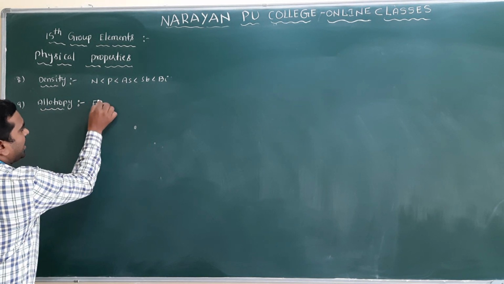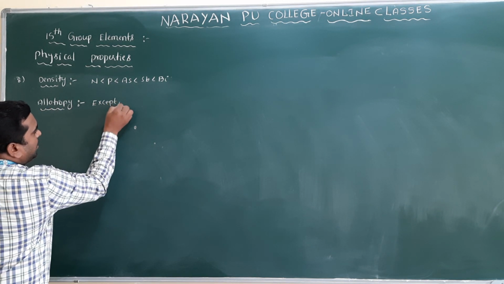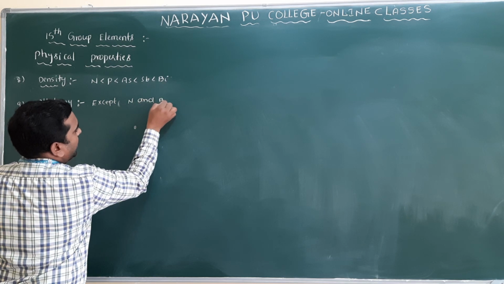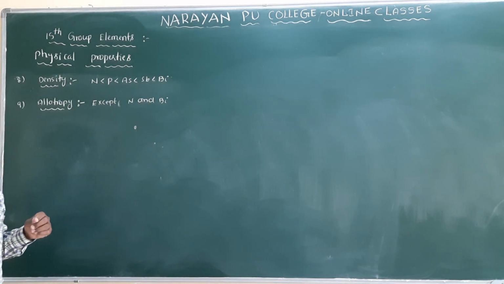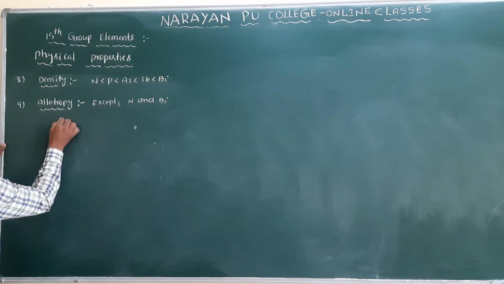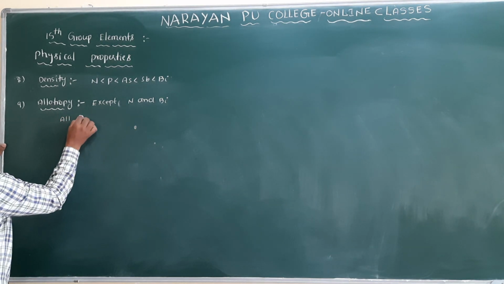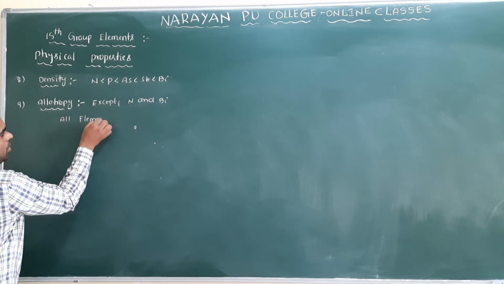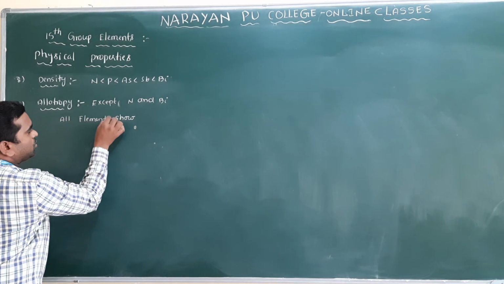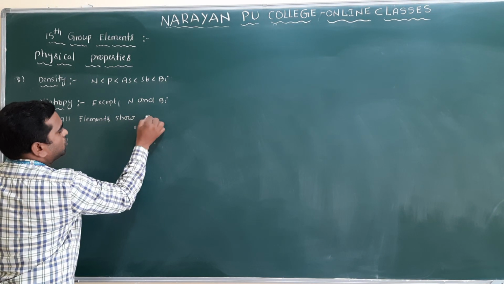So except nitrogen and bismuth, all the remaining elements show allotropy.